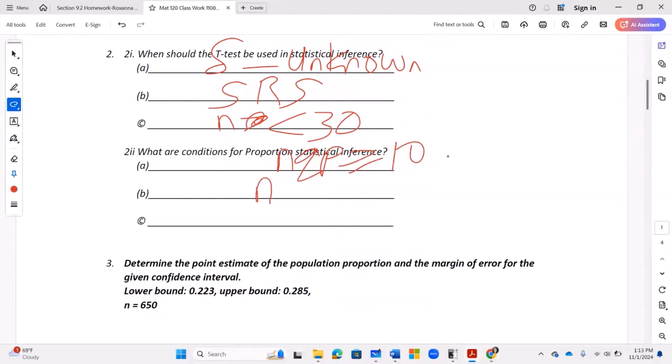And the sample must be from a simple random sample. So the two important rules here are that the variance, npq, must be at least 10, and the sample size must be less than 5% of the population.